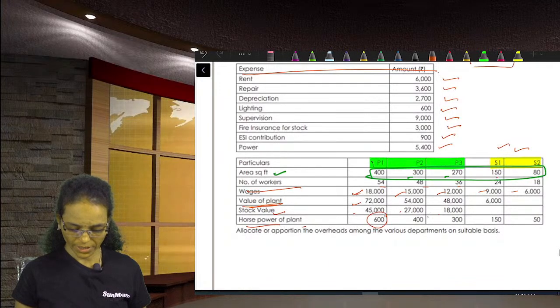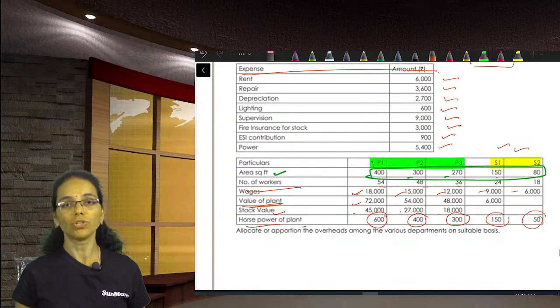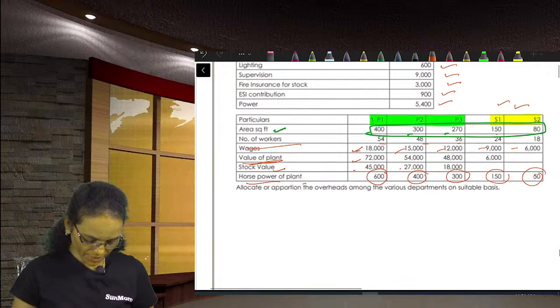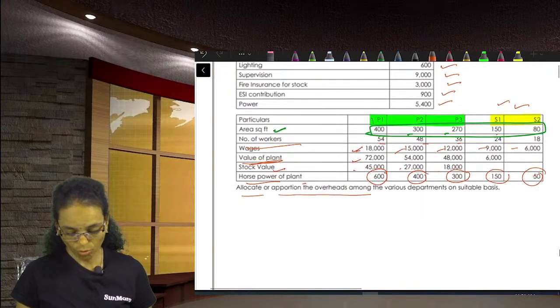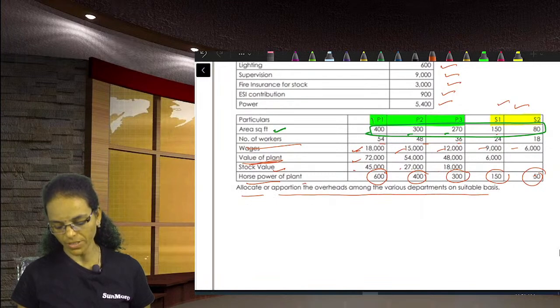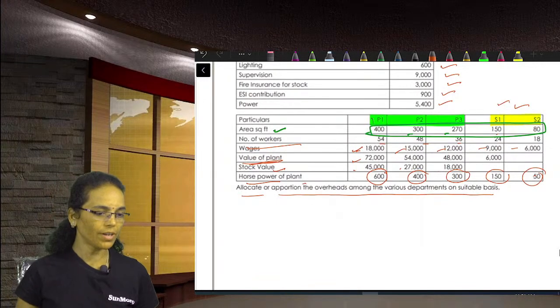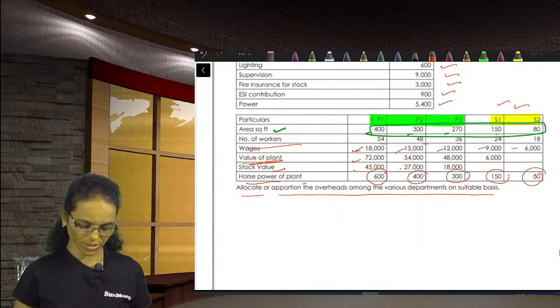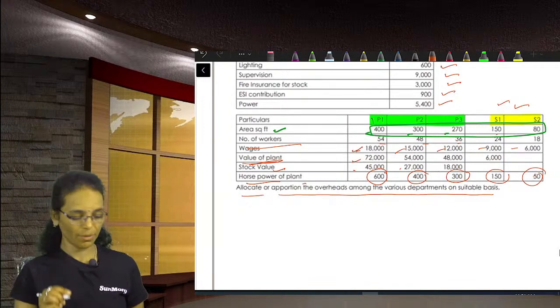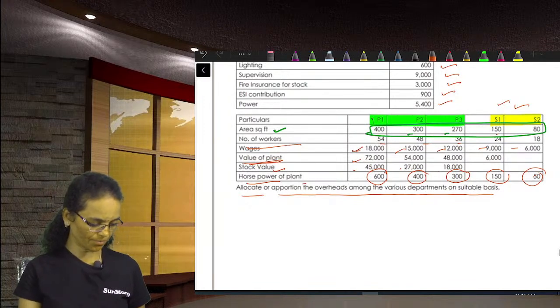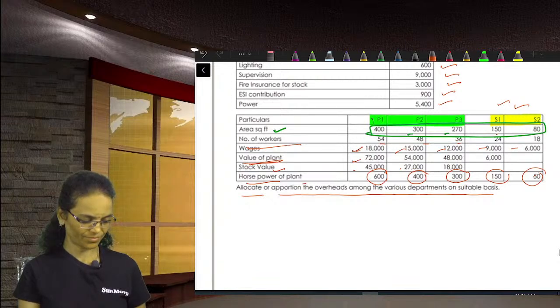The value of the plant, the cost of the plant, is given for the respective production departments and the service departments as well. Stock is also given, in which department what stock we are holding. Horsepower of plant for the respective departments is also given.